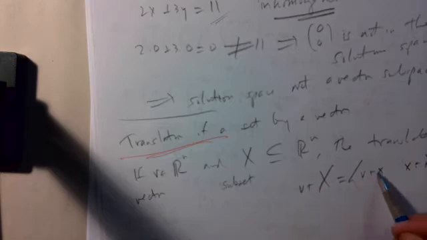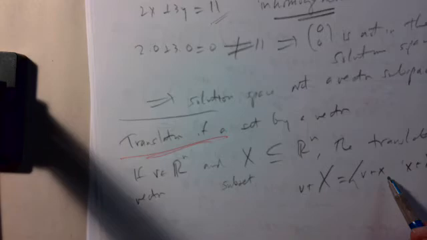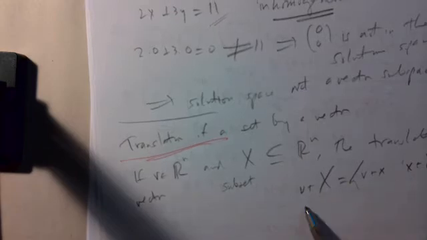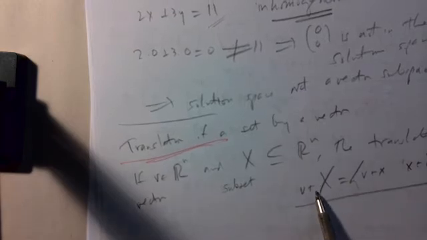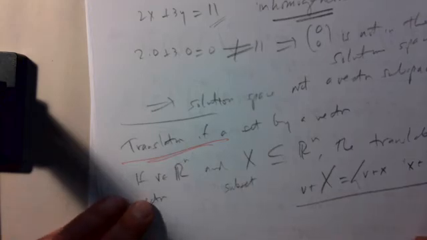So this is v plus little x, and you can add vectors, for all x in X. So this is what is called a translation of the set X by the vector v.